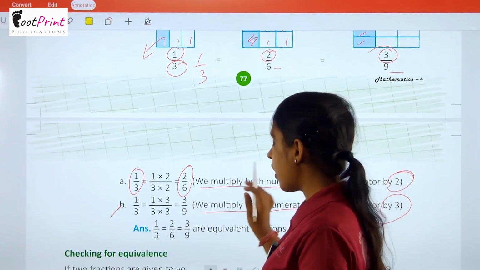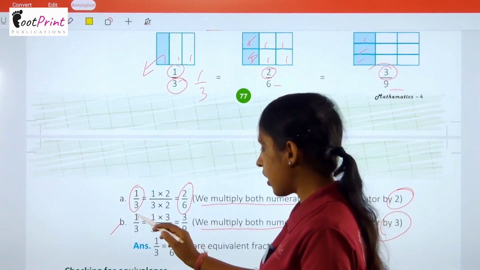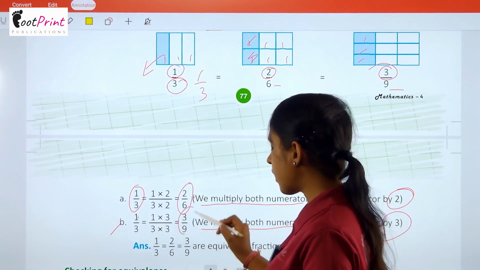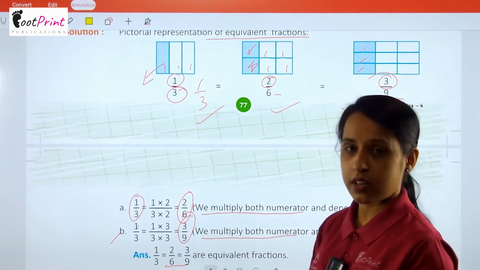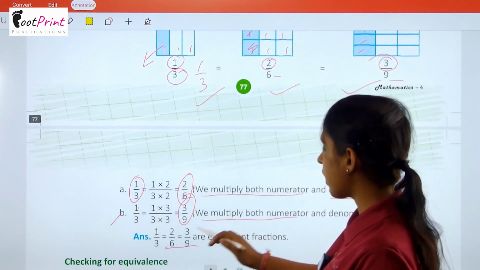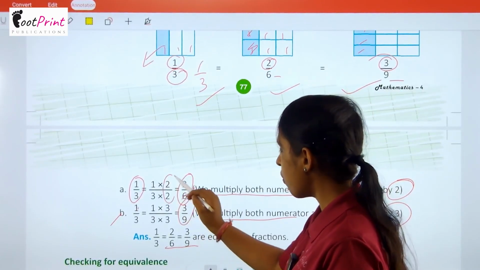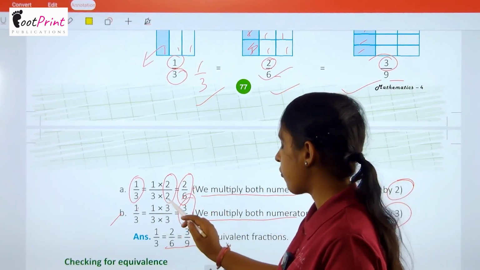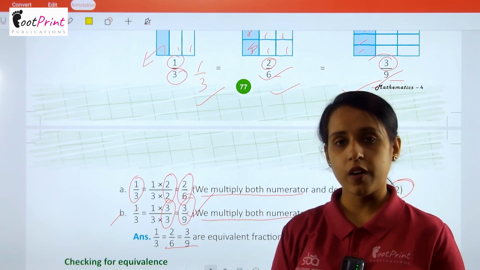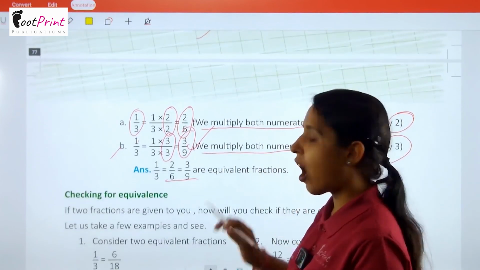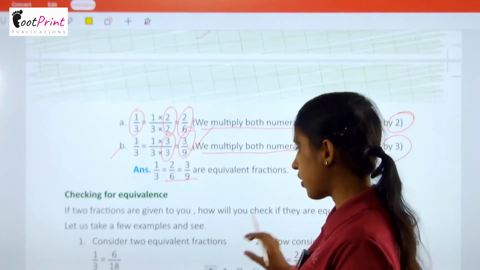So here we can write 1 by 3, 2 by 6 and 3 by 9 are equivalent fractions. Here is the pictorial representation. From that we can learn that if we multiply by 2 we get this one and if we multiply by 3 we get this one. Okay, so here we learn how to find an equivalent fraction.